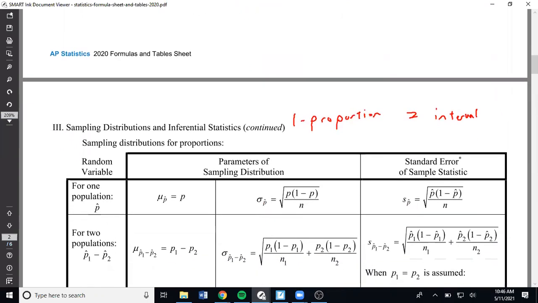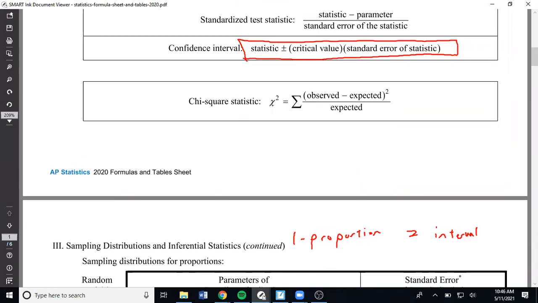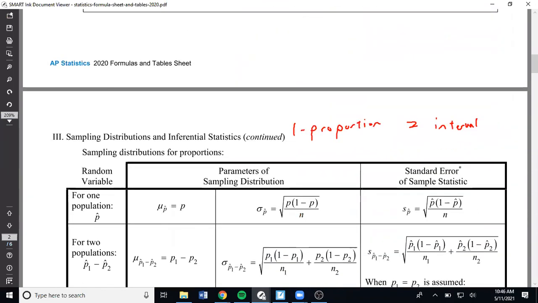All right. So for a one proportion Z interval, first off, our statistic, or I've seen some questions call it a point estimate, the statistic that we're estimating, if we're doing one proportion, then we're using p. So that means our statistic is going to be p hat. Well, so far? Yes.